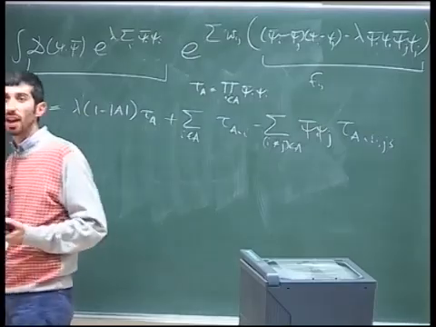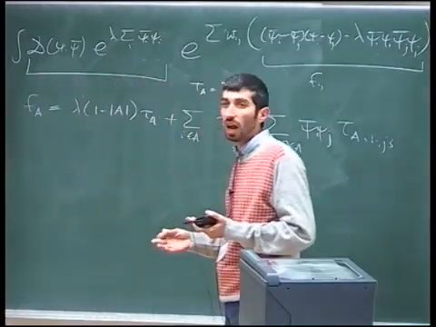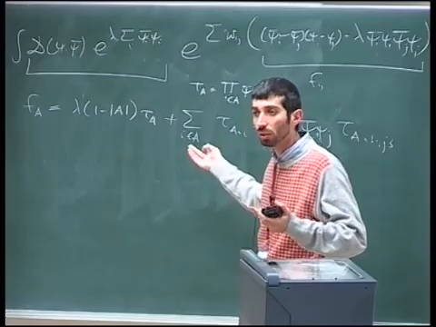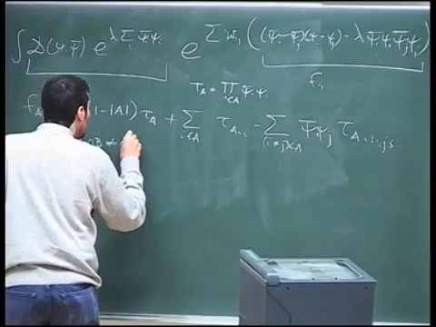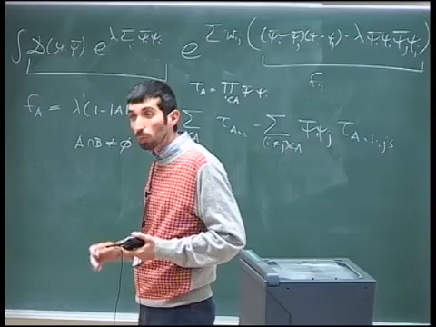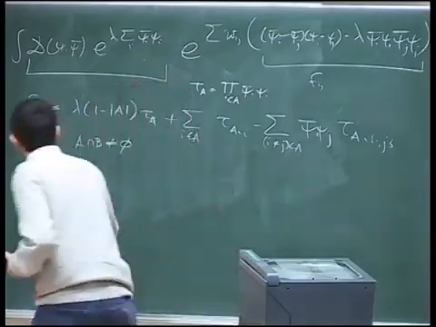Of course, if A and B are disjoint, Fa times Fb live in 2 different algebras. You cannot do anything. So if A intersection B is different from empty, you can have something. And the point is that you know everything.